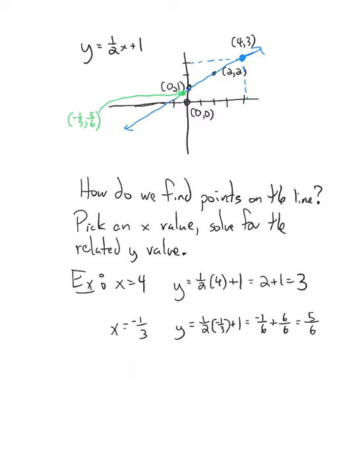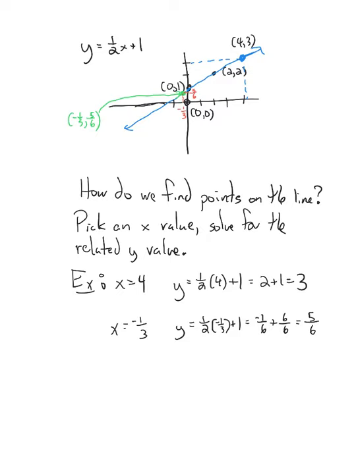It looks like on the y-axis we've gone up about, maybe I'll use a different color there. Let's use red. It looks like we've gone up about 5 sixths. And our x value is around negative a third. So it jives with the diagram. That point is on the line.